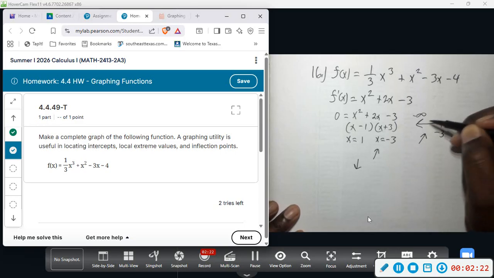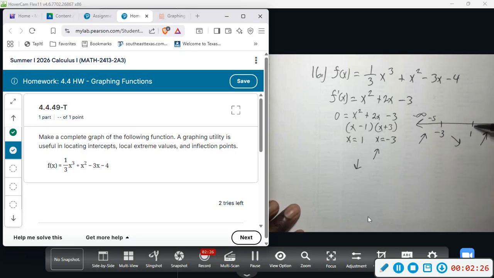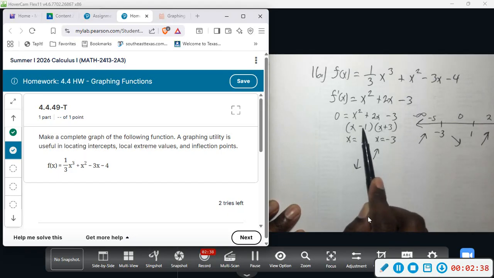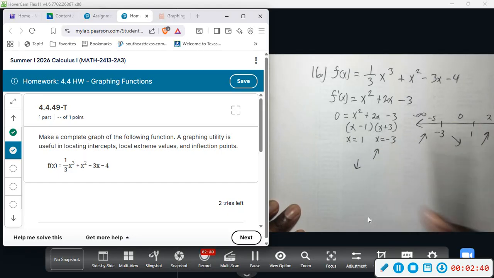But let's verify. We'll pick a number, -5, 0, and 2. Just looking for the sign. Plugging this in, we can do it in the factored form. This will be a negative number. Negative times a negative is positive. Plug a 0. 0 minus 1, negative.